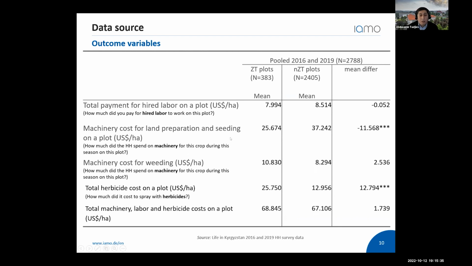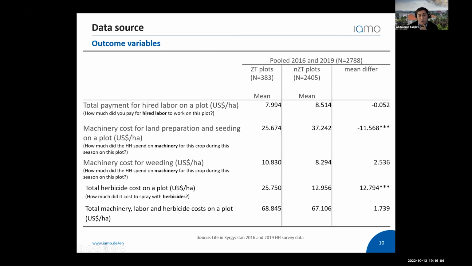This table also explains the differences in input costs between zero tillage adopters and non-adopters. As you see, labor costs and land preparation and seeding costs are higher for the non-adopter group compared to the adopter group.